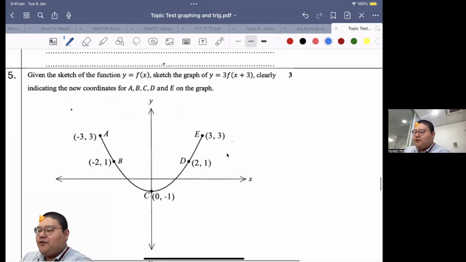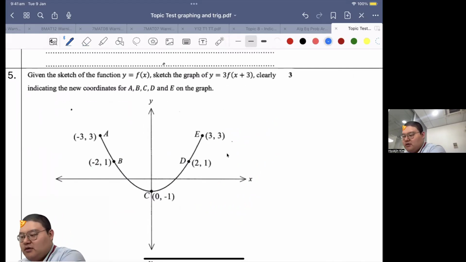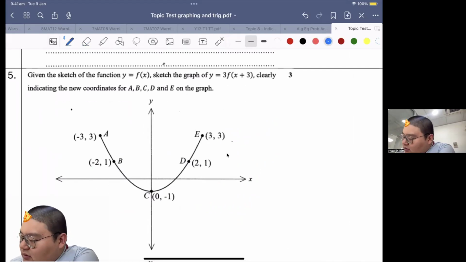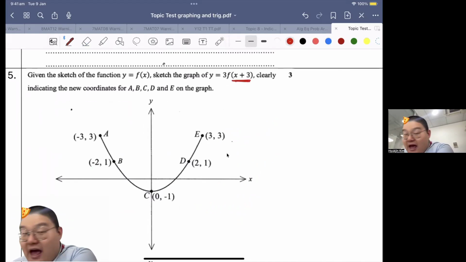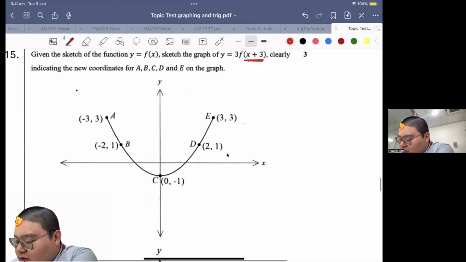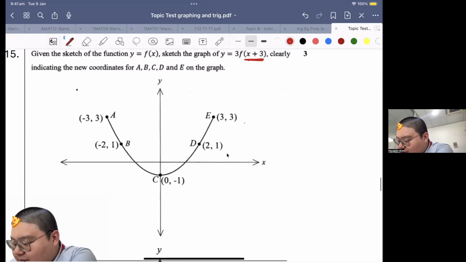Now, given the sketch of the function y equals f of x, sketch the graph of y equals 3f(x + 3). So first thing first, there's an x plus 3. That means everything moves 3 to the left. So now I'm just going to do a little draft so I don't mess it up. It's at -3, -1.